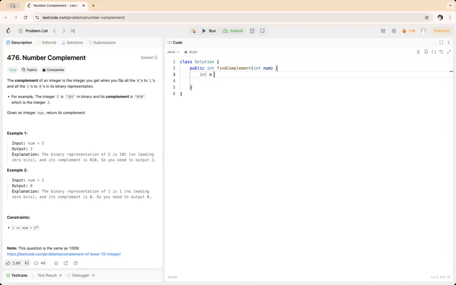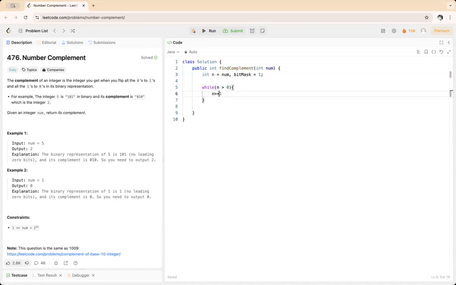So to do that, we have to take a copy of that number, and then declare one more thing, bit mask is equal to 1. Now we will be dividing that number by 2 repeatedly, and we know that dividing a number by 2 is the same as right shift.